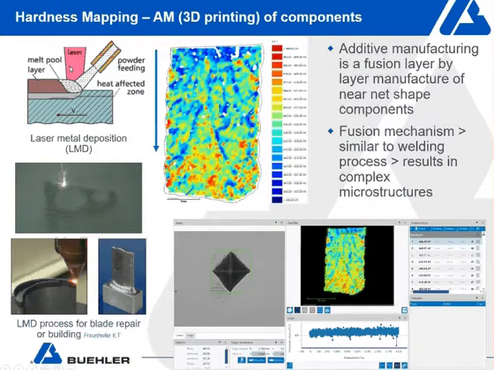You've got your laser high heat input to melt it, and then you are building that component up layer by layer, as illustrated there on the video showing you how the process works. And at the bottom, I'm showing you an LMD process for blade repair, or when you're building a turbine blade up through an additive manufacturing process.